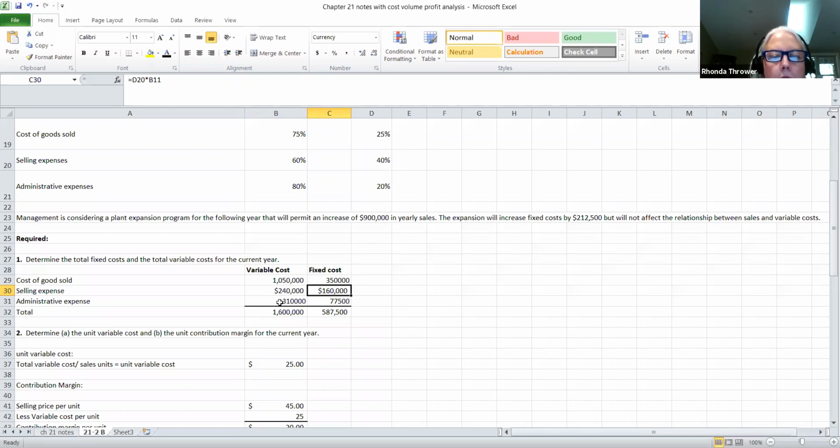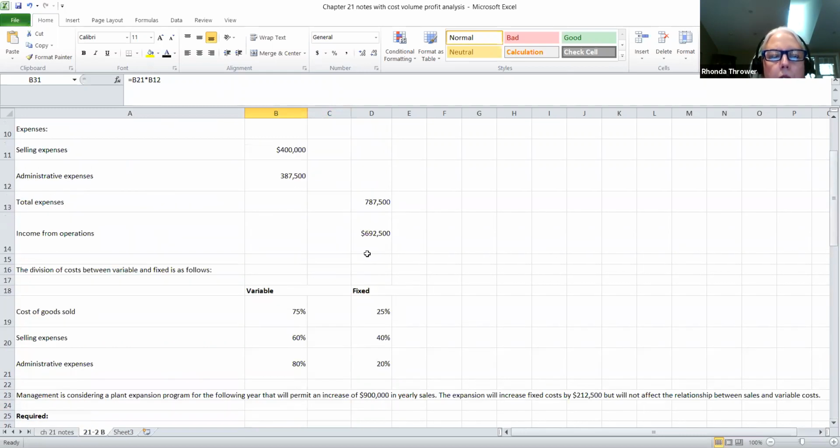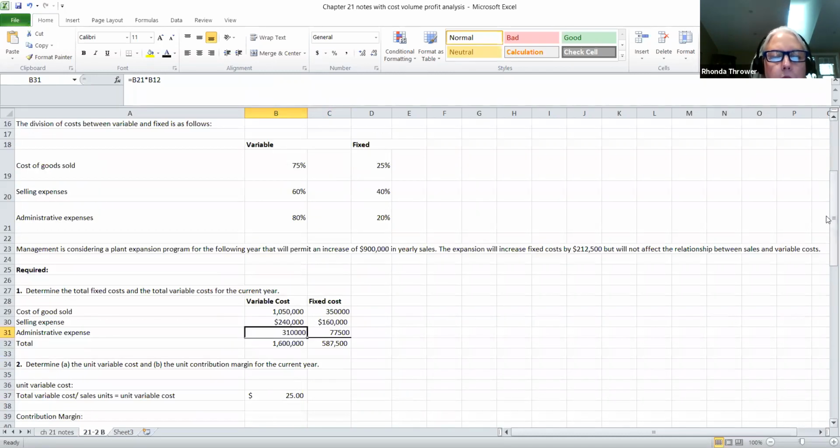Your administrative expenses are broken down to 80% variable. So 80% times my administrative expenses of 387,500 will give you the administrative expense variable cost.